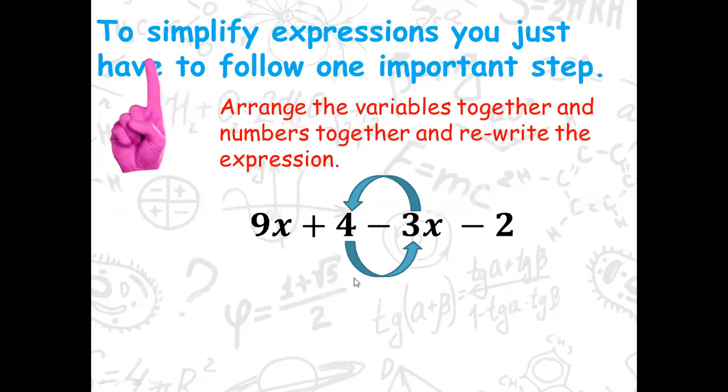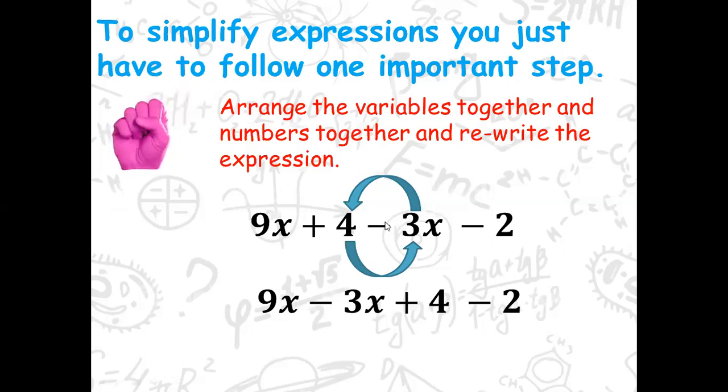Okay, so when you rewrite your expression, it looks something like this. 9x, then 3x will move with the 9x because they both are similar, but also the sign moves, so it becomes 9x minus 3x, then plus 4, because with the 4 the plus moves too, and minus 2. So when you solve this, how are you going to simplify this expression?